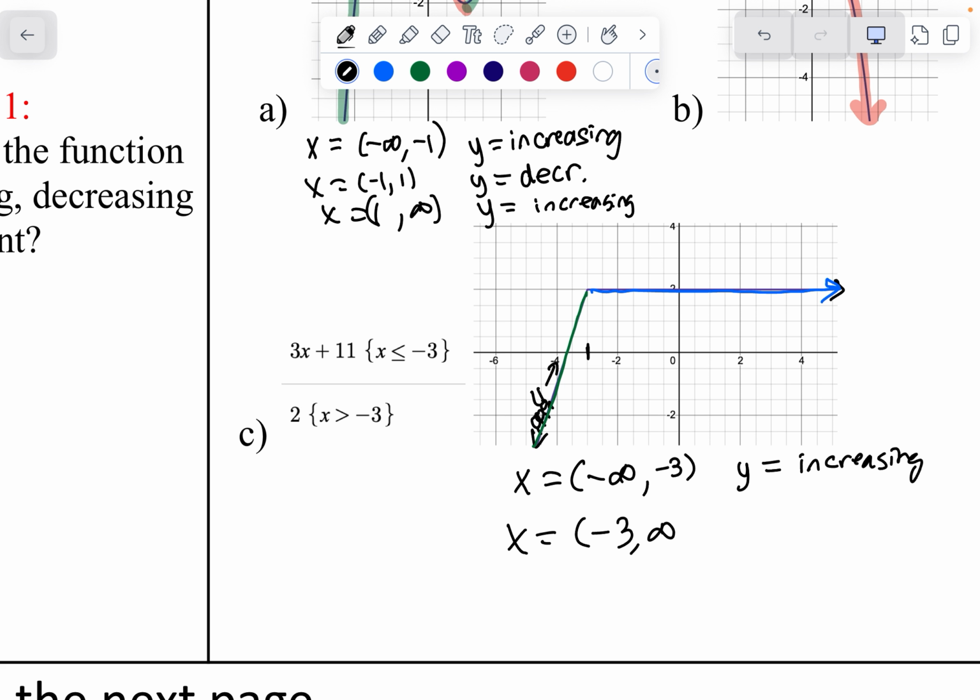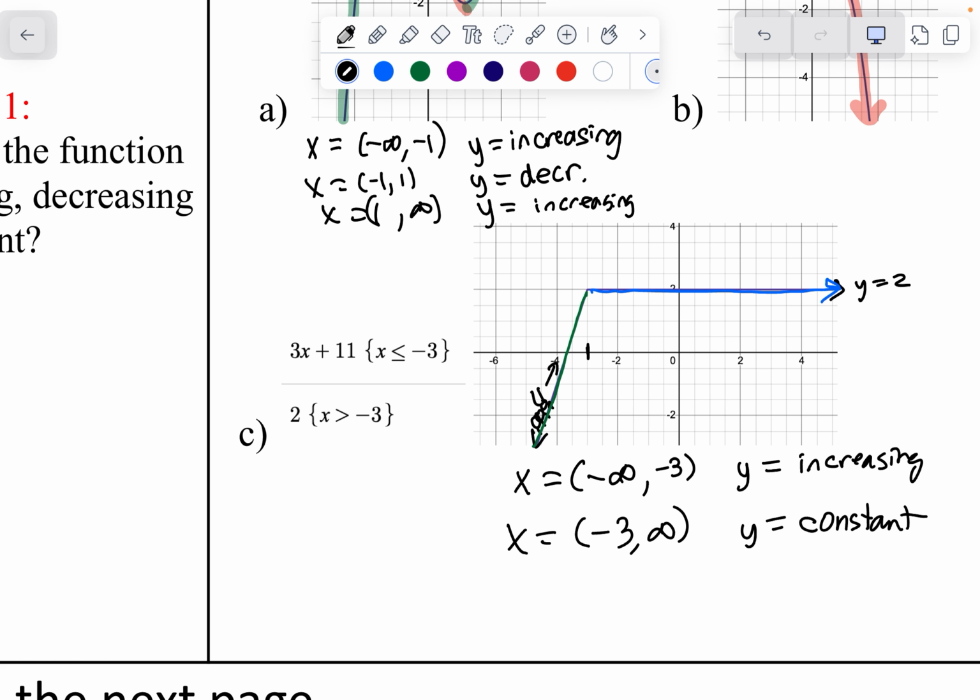His y is constant. Now, in mathematics, constant refers to a particular numerical value. We could even say that he is hitting a height of 2. Constantly, he's at a height of 2 for the rest of his little existence as he keeps on trucking and walking to the right. So it is the movement from left to right.